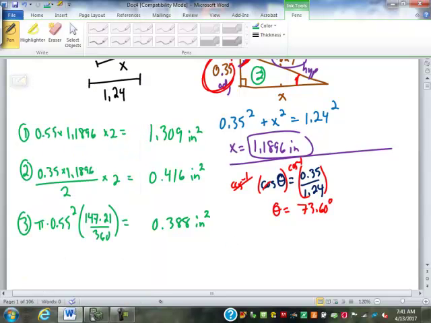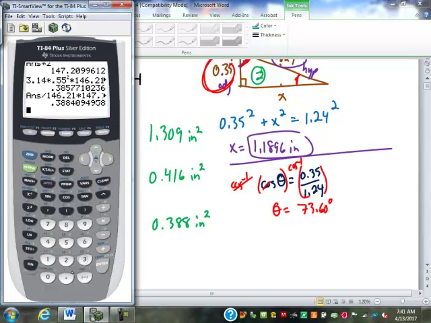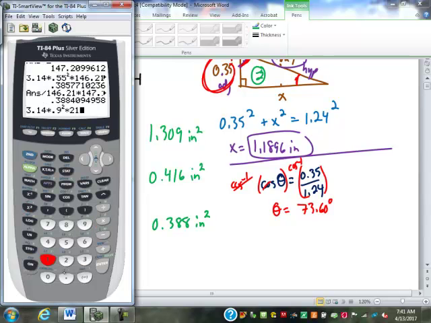Any questions so far? Number 4 then is going to be pi times that radius of 0.9 squared times that angle, 212.79 over 360. So 3.14 for pi times 0.9 squared times 212.79 divided by 360.